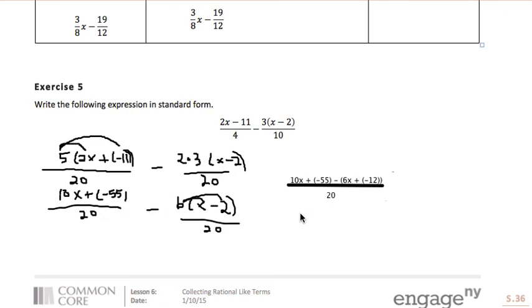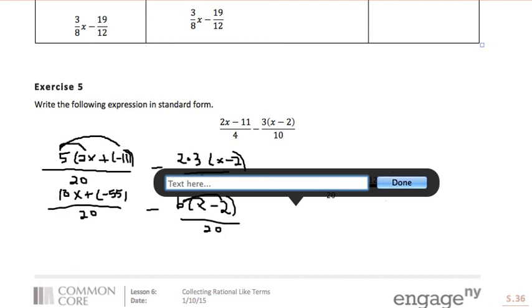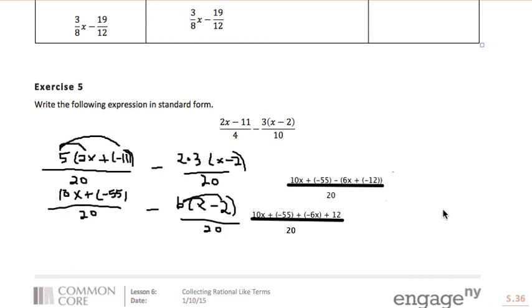So we'll complete that, and then we can combine our like terms. And we end up with 10x plus negative 55 plus negative 6x plus 12. Because when we change this to addition, we change the sign of each of the terms to their opposites. We get negative 6x plus positive 12.